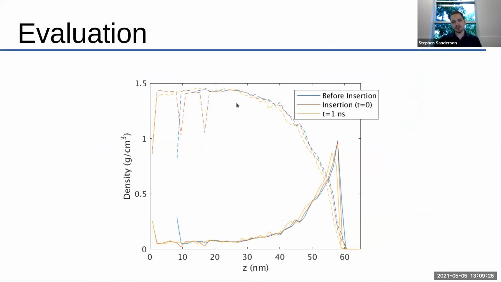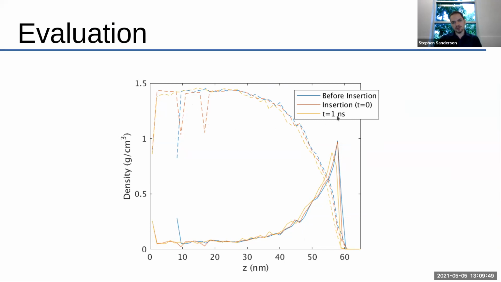rigorously as well by looking at the density profiles. So the blue line here is the density before insertion, shifted up so that the top aligns with the density profile straight afterwards. The red line is our density profile immediately after insertion. And we do have these little void gaps from where we've made sure molecules aren't overlapping with each other.